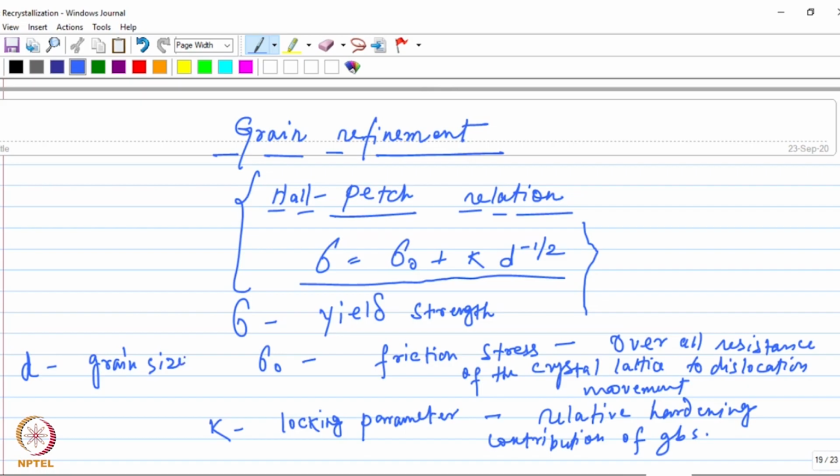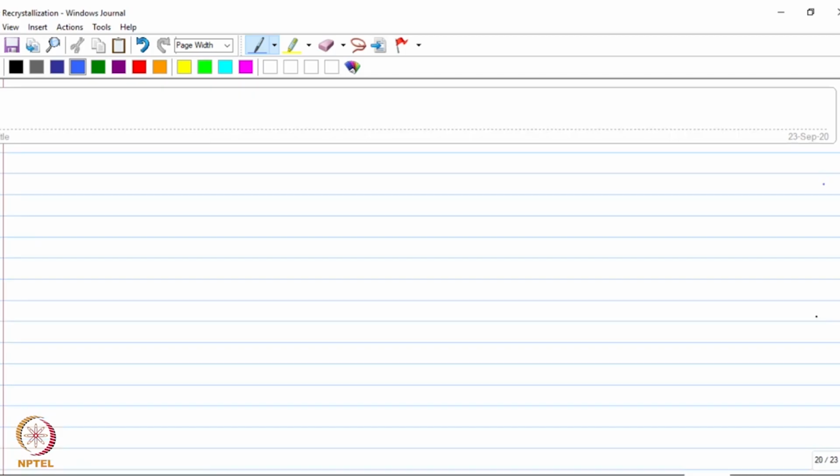So you can see from here, as the grain size is decreased, the strength increases. And in terms of the dislocation mechanism, if you look at how exactly that happens, the grain boundaries act as the obstacle to dislocation motion.